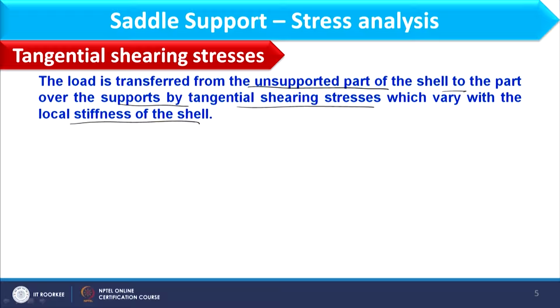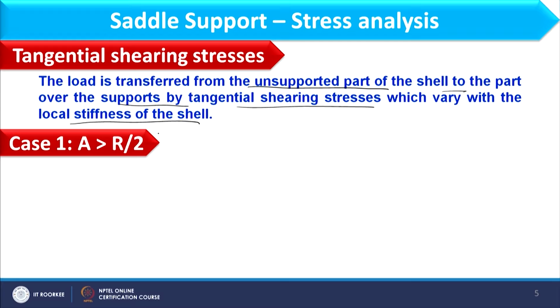In that case, if I am having this much length and then I am having here the head, the head is basically attached to the shell by welding. That welding will provide structural strength to that support. So, unsupported part in that case would be which is away from that edge where head is connected to the shell and which is not available at saddle.